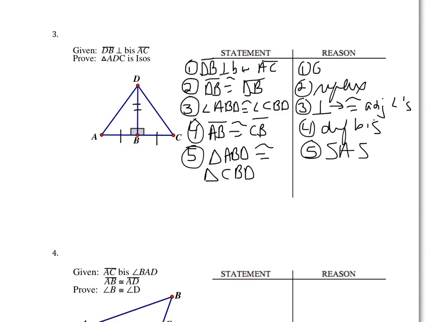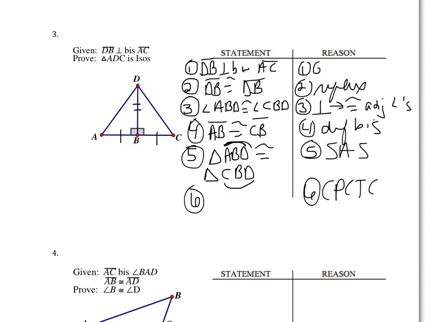Now, we needed to show that AD is congruent to DC. If you notice, AD in the first triangle is the outside two pieces, and in the second triangle, CD is the outside two pieces. Because of that, that's what we use CPCTC for. Corresponding parts, and that's what these are because they're in the same location, of congruent triangles.